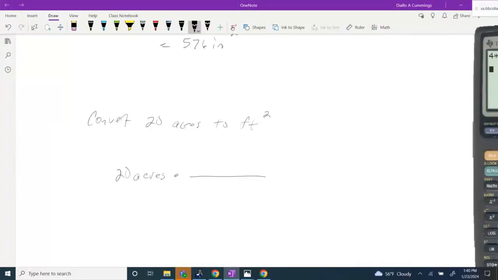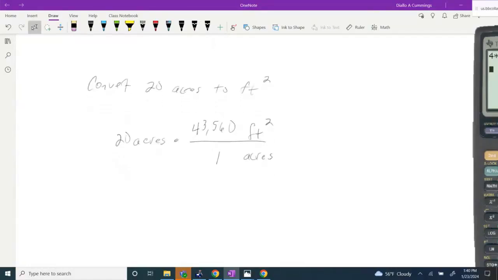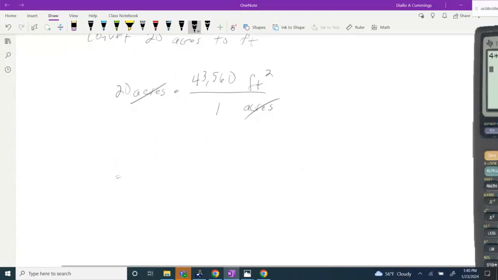I'm going to make my unit fraction. I'm going to put acres in the denominator. I'm going to put square feet in the numerator. And now I'm going to write out that conversion. So 1 acre was 43,560 square feet. So when I multiply, the units of acres are canceled. So now I'm going to multiply my numerator.